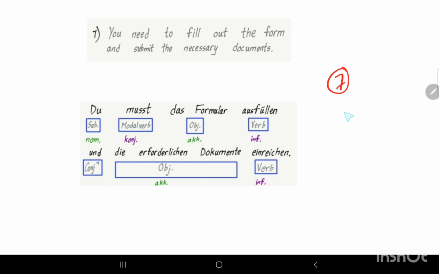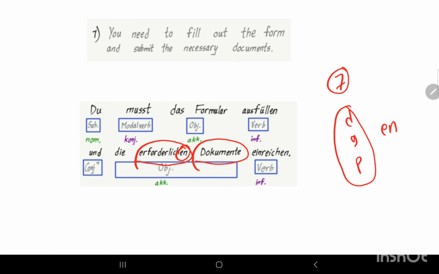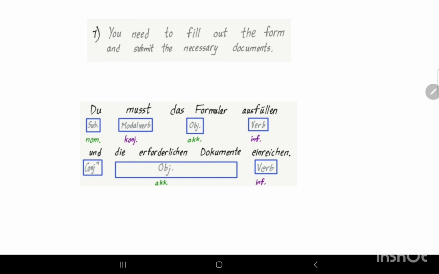I told you to first check whether it is dative, genitive, or some plural case. Whenever it is like that, you go for en. Dokumente is plural, right? So it is en. For the other 6 rules, please go through the PDF which I had shared with you. I think I also uploaded the live recording of the session on our channel. Please go through it if you have some time.